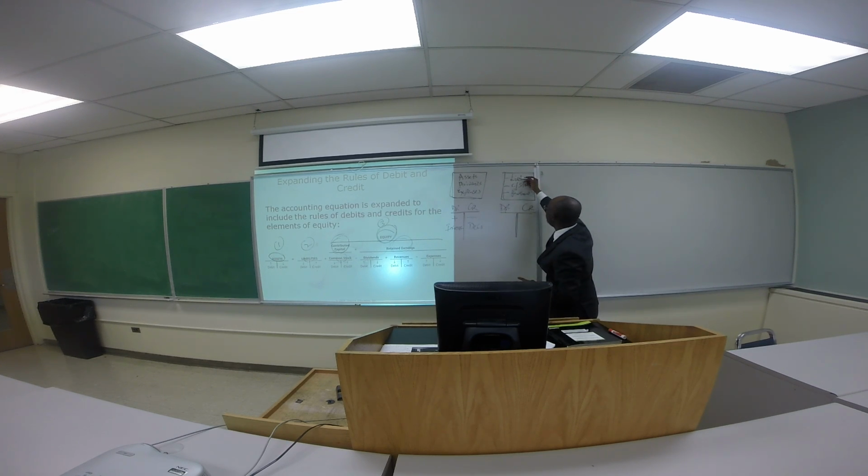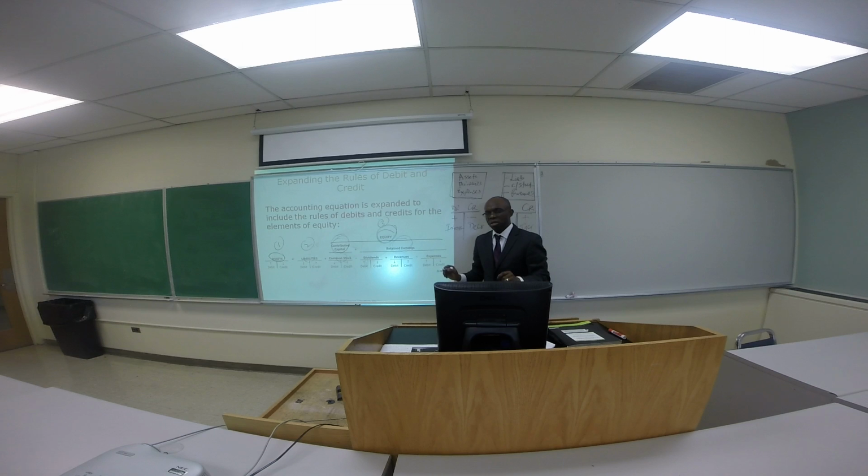Look at liability, common stock, revenue. Anytime there is an increase, we credit. Anytime there is a decrease, we debit. Again, don't worry about whether this makes sense or not. We are going to talk about the applications in a minute, and that will make sense to you.